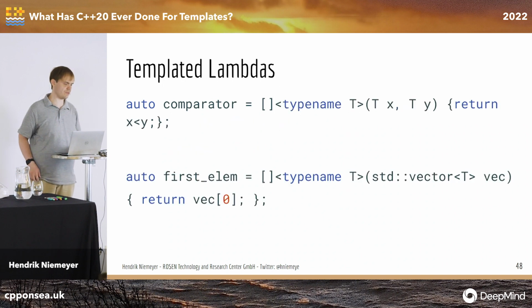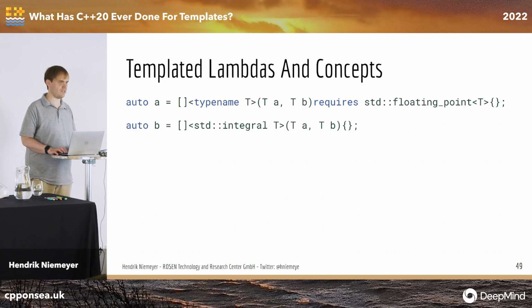But we can do that with templated lambdas now. So just insert the template parameter list after the captures. And you can do something like that if you want. Yeah, might be useful for you, might not be useful for you. And of course, I can put concepts in there as well if I want to make it rather lengthy.